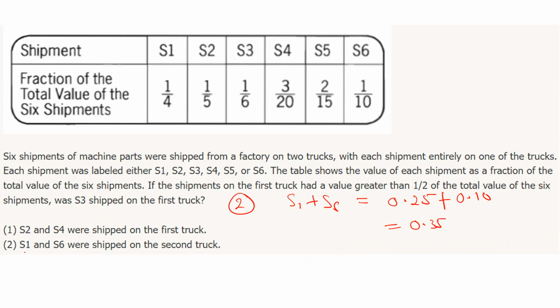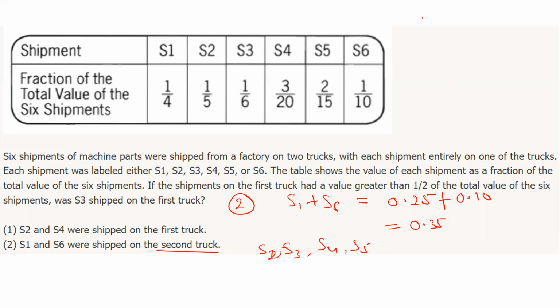But they are saying that S1 and S6 were shipped in the second truck. That clearly indicates that in the first truck, S2, S3, S4, S5 can be included. Whenever it is a DS question, we have to try to make the statement partially yes and partially no. That should be the meaning.